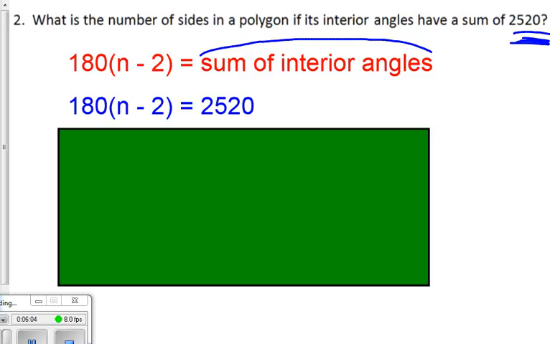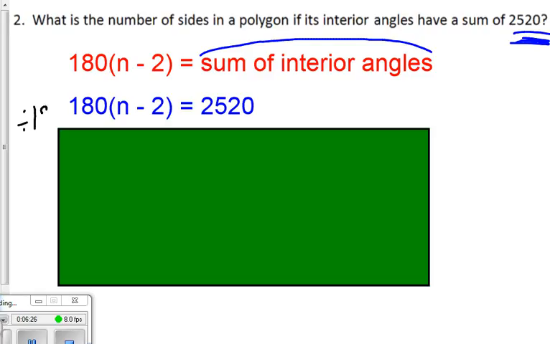Okay? Now, at this point, you might be tempted to say, oh, let's do our distributive property right here. Well, actually, because this is saying 180 times this amount, we can get rid of it by dividing both sides by 180.